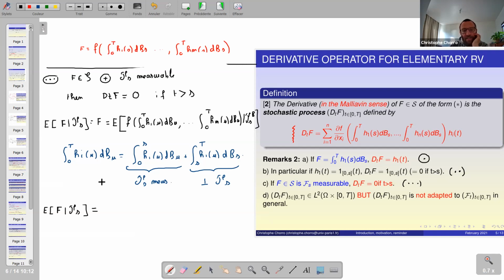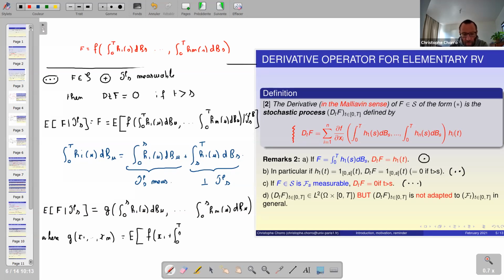From what I know from the course of probability, I can write this conditional expectation as a function of the measurable part, where simply g of x_1, ..., x_n is equal to the expectation of f of x_1 plus the integral between 0 and capital T of h_1(u) dB_u, until x_n plus the integral between 0 and capital T. Excuse me, it's not 0 here because it's the independent part.